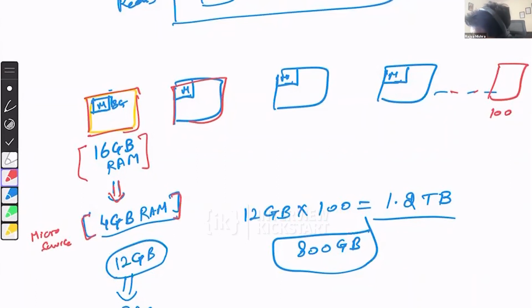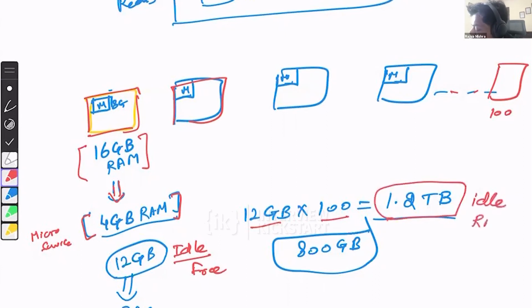That means 12 GB of RAM is idle. It is free. And if you do a calculation, 12 GB on each server and 100 servers, that means you have around 1.2 TB of idle RAM.